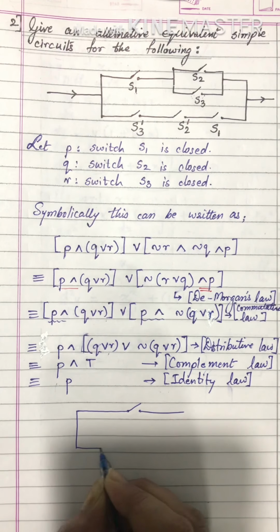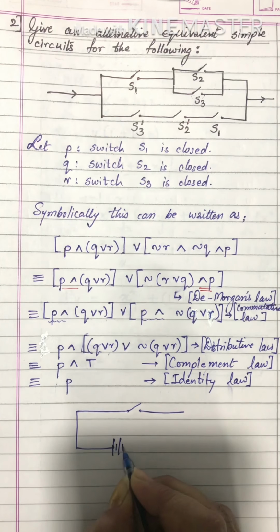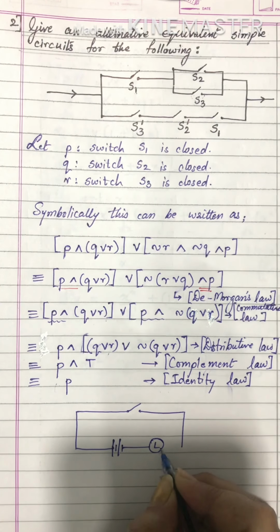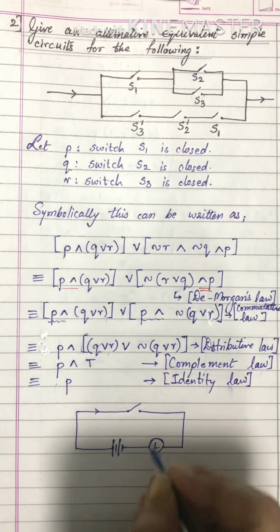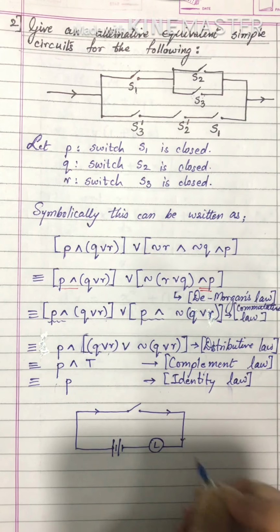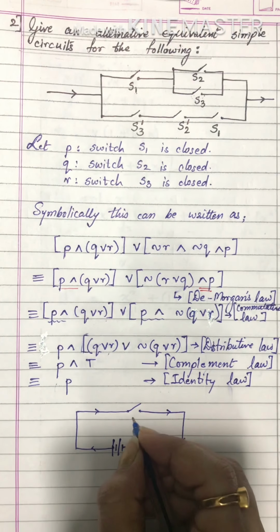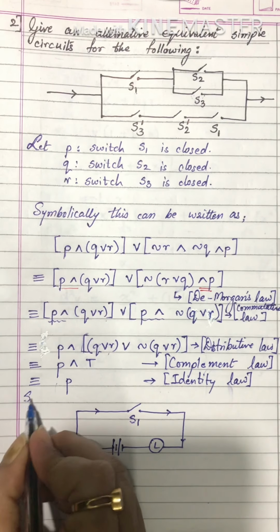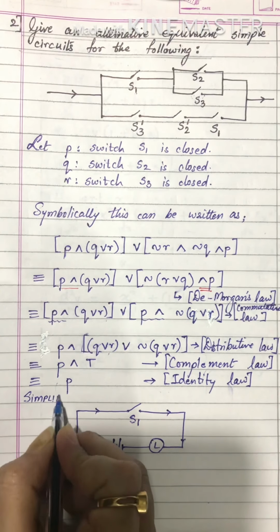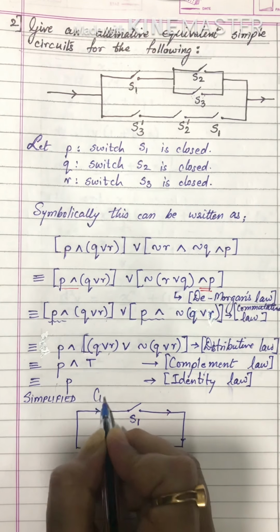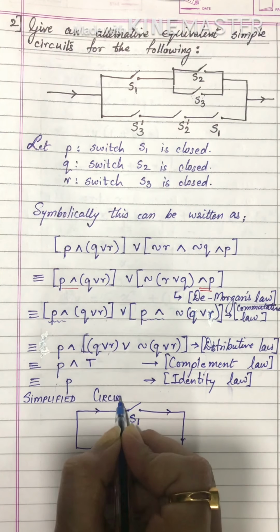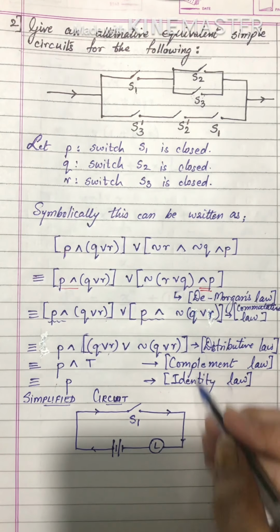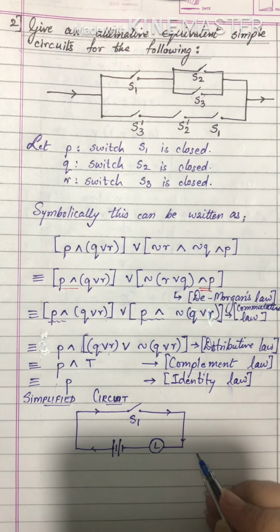Okay, we'll attach a battery here and a lamp here, and then show the arrows for the flow of current, and this is our switch S1. What is this? Simplified circuit. Here we are done with the sum.